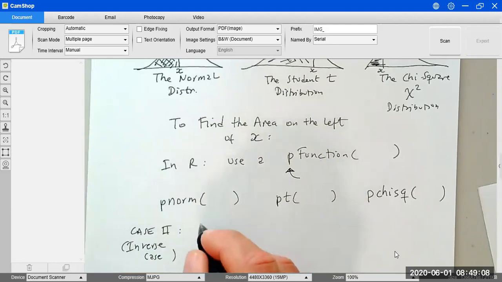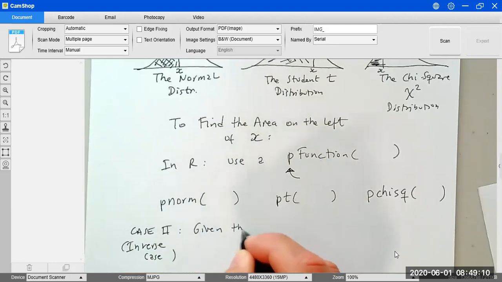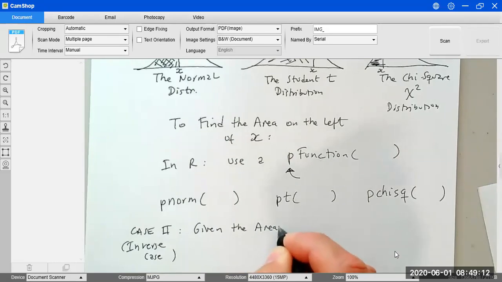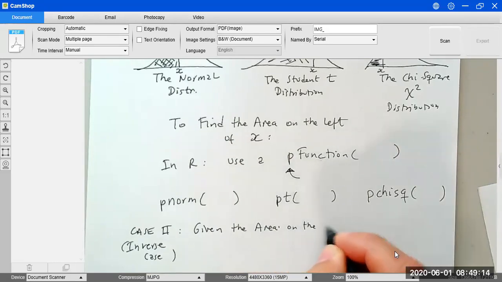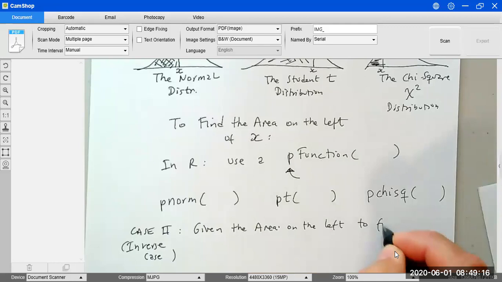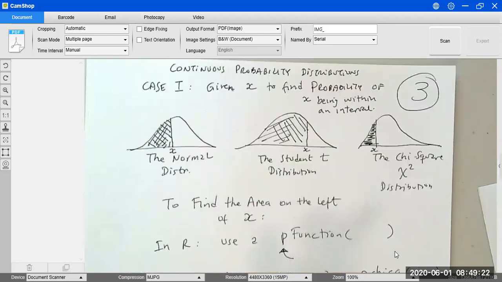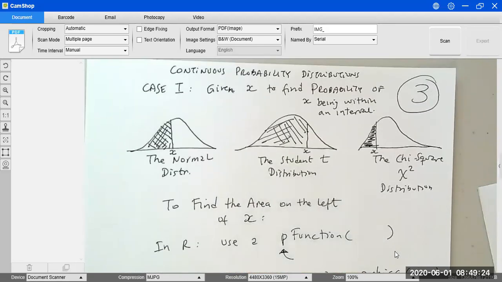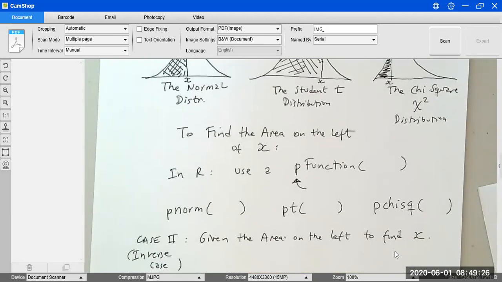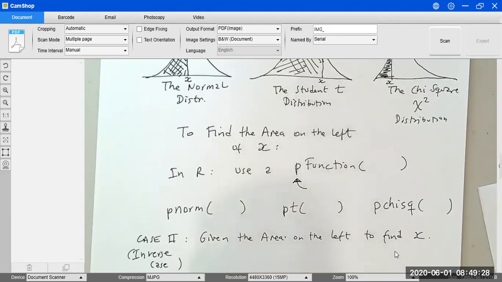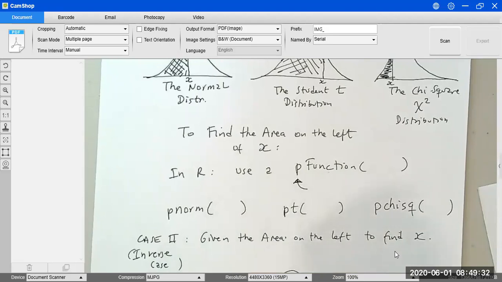So you are given the area on the left to find x. So it's totally the opposite. First you're given x and find the area to its left. Now you're going to be given the area and you need to find x. So again, the normal distribution, the t distribution, or the chi-square distribution.